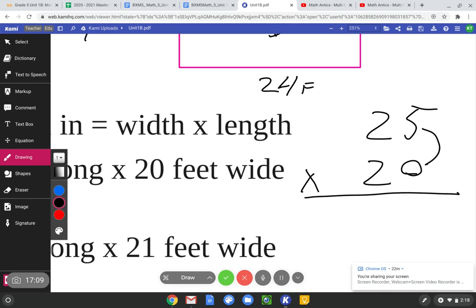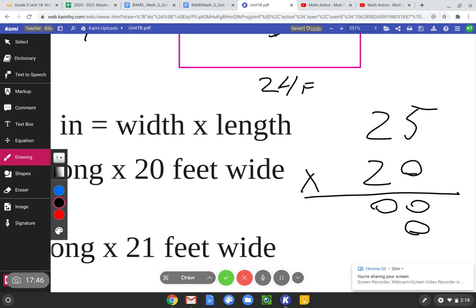So we start with the ones. 5 times 0, 0. 0 times 2, 0. Okay. Now we're going to do the tens place. And since we're dealing with the tens, we're going to put a placeholder so that we know not to mess with the ones place, because we already did the ones place.